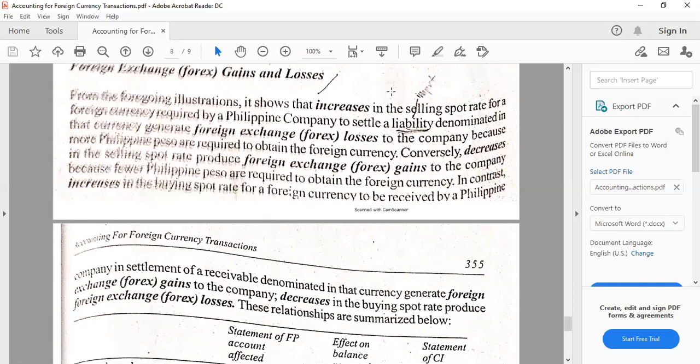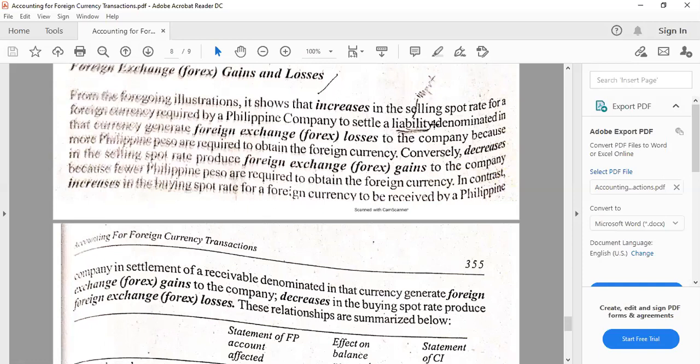Although selling spot rate is highlighted here, we have to take note, guys, that if the transaction is an import, or buying, a loan payable, or any transaction involving payables, we have to use the selling spot rate, because to pay our liability, we need to buy foreign currencies. Where do we buy foreign currencies? From the banks, and the banks would be charging their selling spot rate. So that's why import, buying transactions are to selling spot rates.